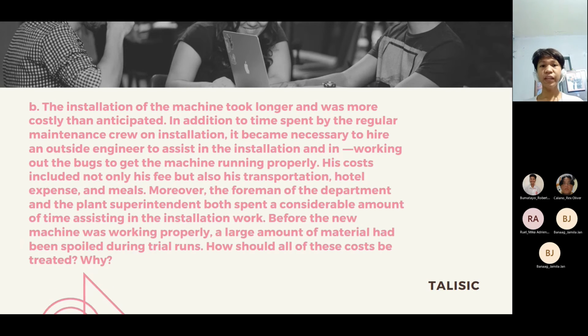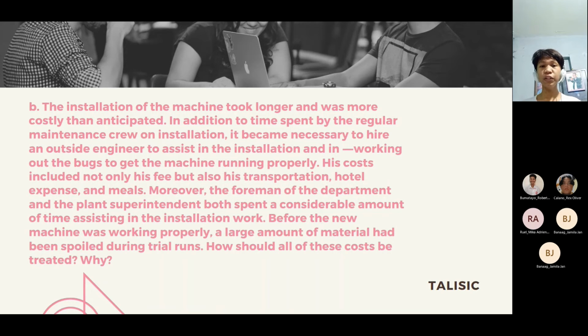Letter B. The installation of the machine took longer and was more costly than anticipated. In addition to time spent by the regular maintenance crew on installation, it became necessary to hire an outside engineer to assist in the installation and in working out the bugs to get the machine running properly.